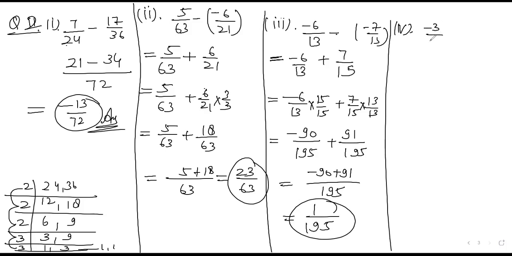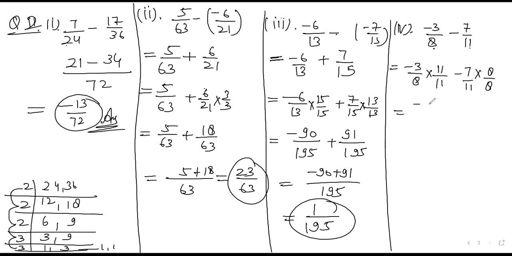Minus 3 upon 8 and 7 upon 11. So the same process because they are not equal to each other. So 11 is multiplied here and divided. Minus 3 upon 8 is multiplied by 11 upon 11, and 7 upon 11 is multiplied by 8 upon 8.